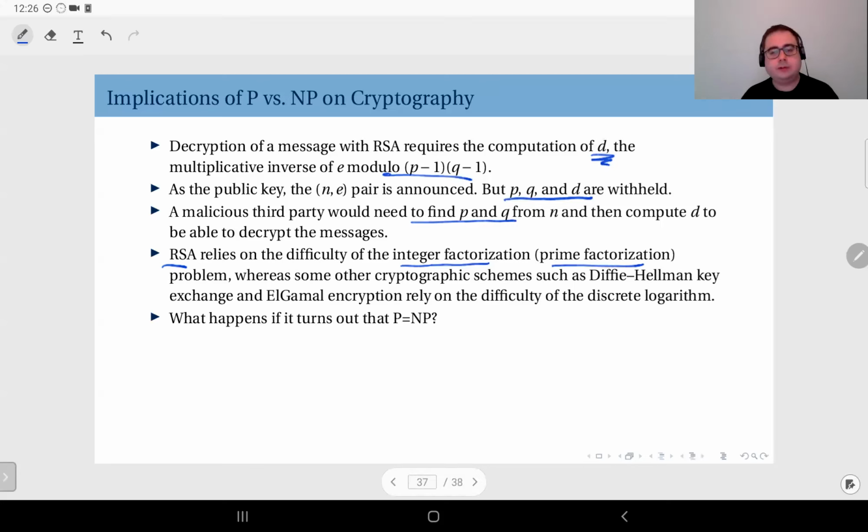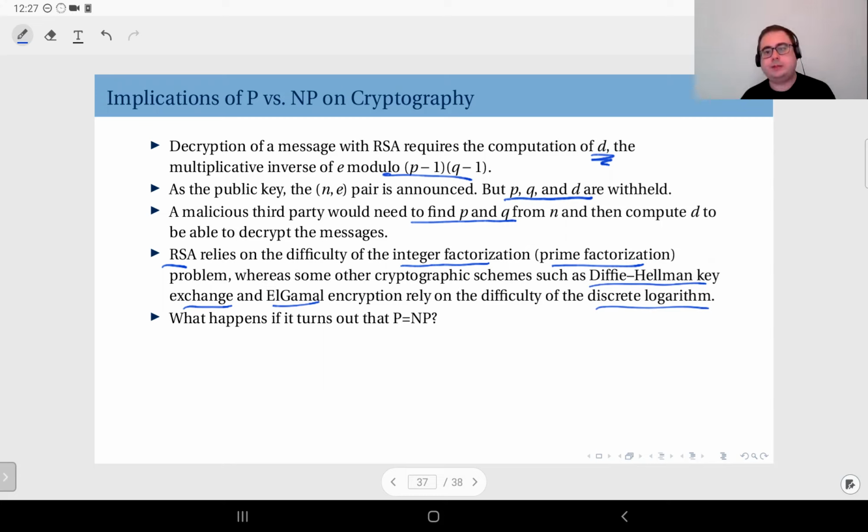On the other hand, there are also other cryptographic schemes, such as Diffie-Hellman key exchange and algebraic encryption. They rely on the difficulty of the discrete logarithm problem. If you remember, we mentioned this, and I have stated that we do not, as of today, have an efficient algorithm for the discrete logarithm problem.